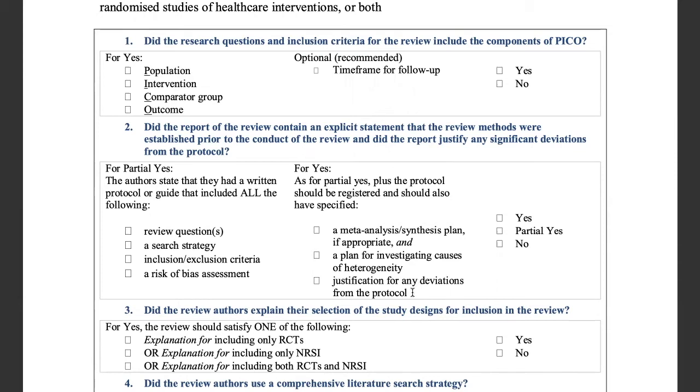So if all these seven pieces of information are found on the protocol and on the manuscript, it's yes, okay?